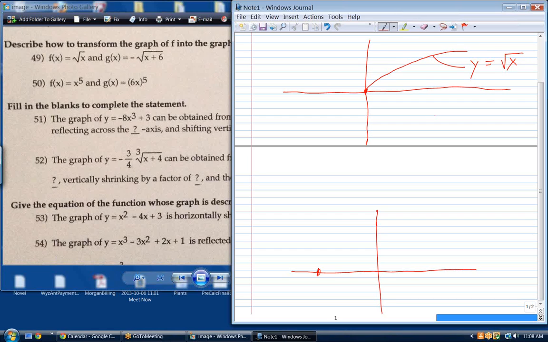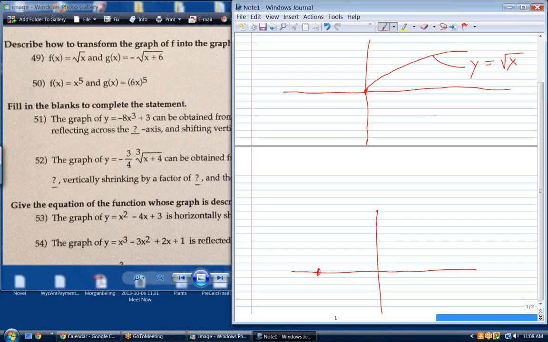Now when you're talking translations and shifts and stretches and reflections, there are 10 things. You can horizontally translate right or left. That's 2 things. You can vertically shift up or down. That's 2 more things.